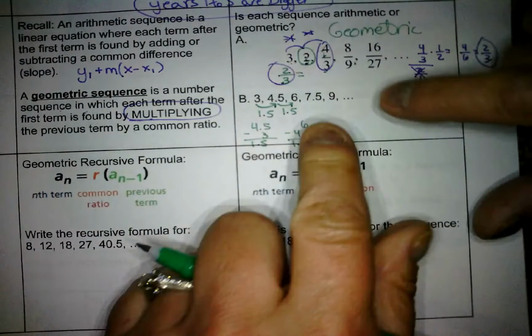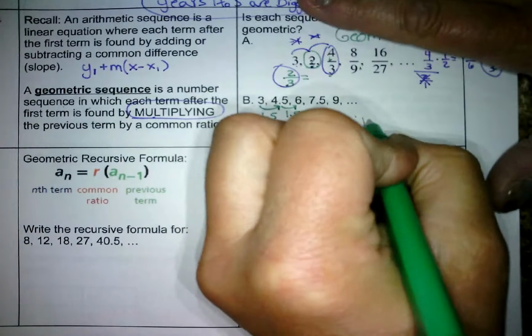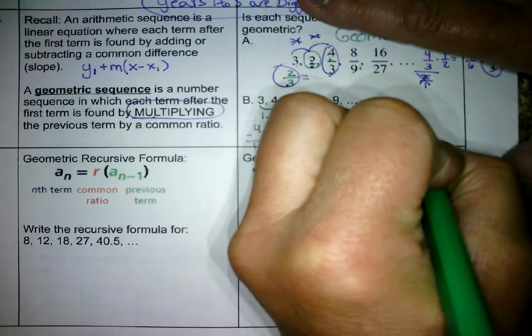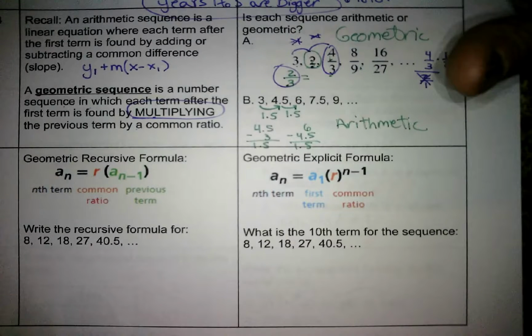As long as that number's the same, then it's an arithmetic sequence, because I'm adding or subtracting that same number every time. Once again, you might get some that's not arithmetic or geometric. Other types exist, those are just the two we're talking about.